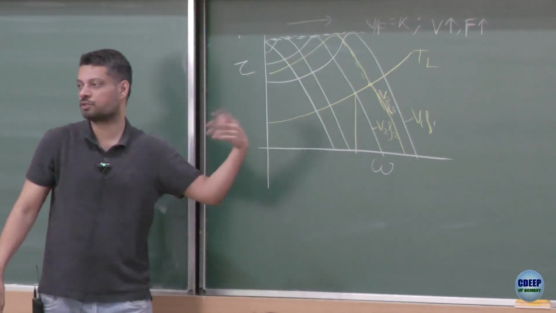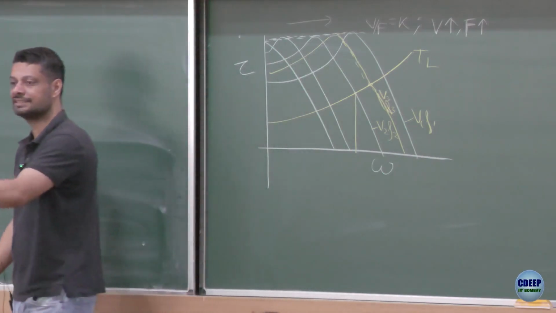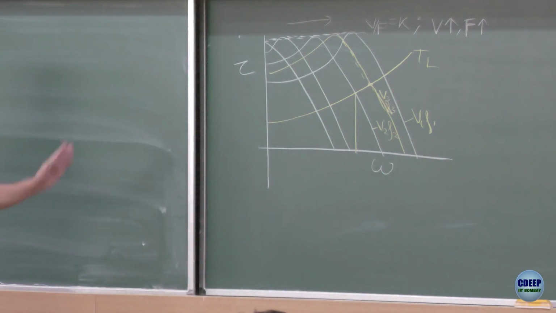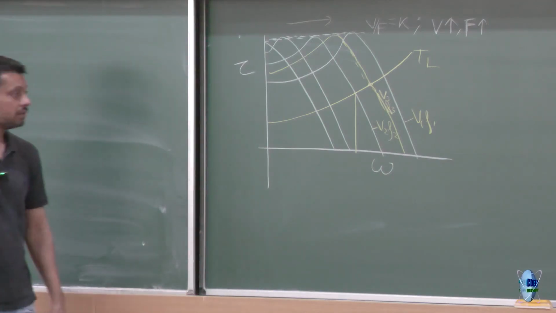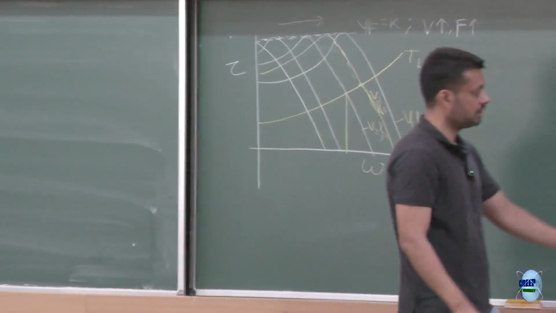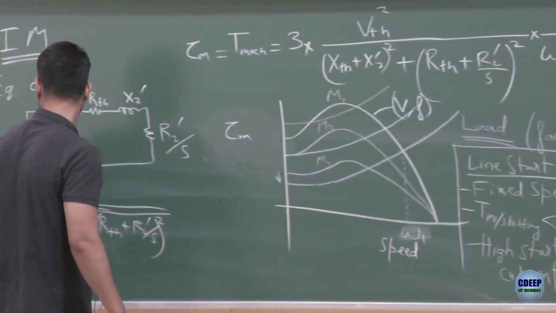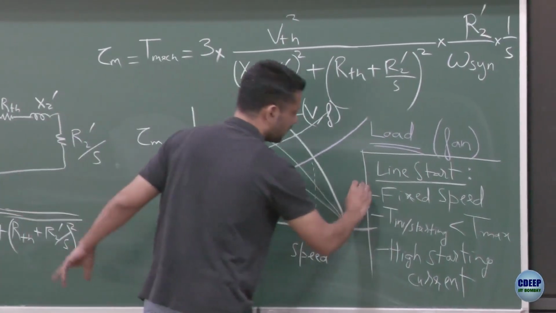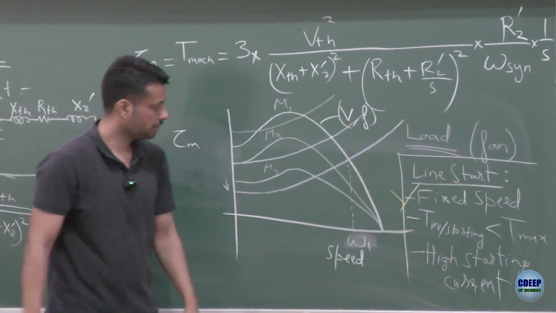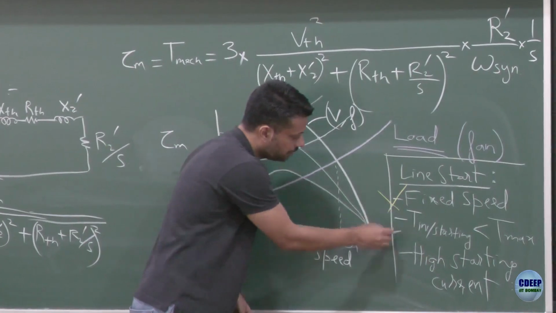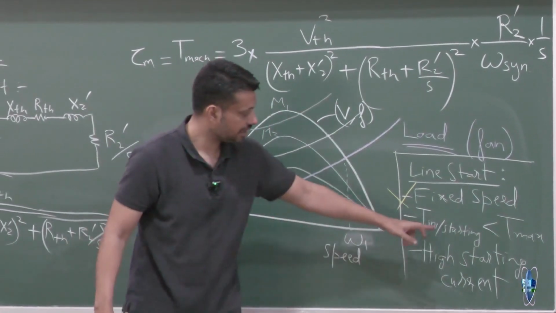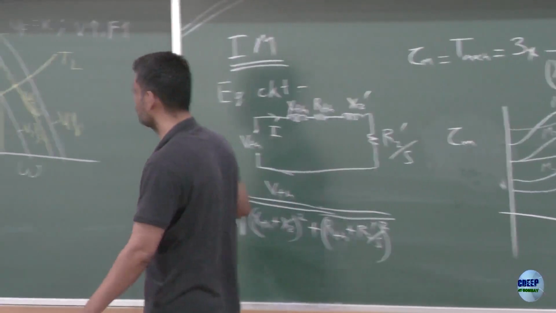So you decide what speed you want to operate at. It's not discrete steps. You can change the voltage and frequency, whatever you like, and therefore you can operate at whatever speed you want. So the first problem is solved, which is fixed speed. The second problem is starting torque much less than the maximum torque.